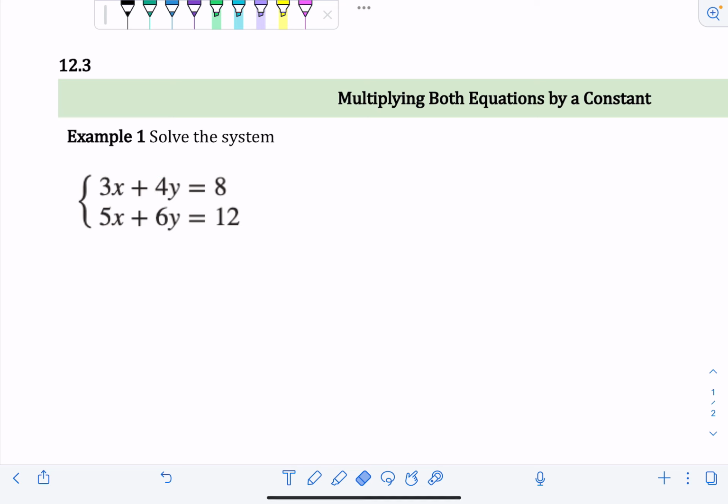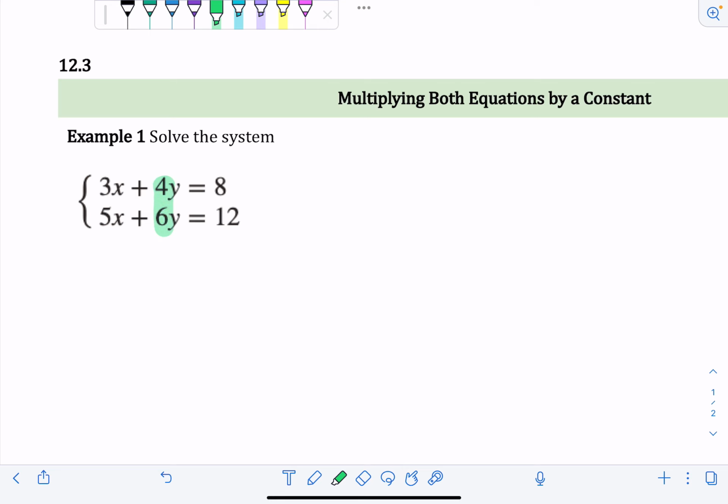So it takes us back to the least common multiple. So the least common multiple is the smallest number that a pair of numbers will multiply to, for lack of better terms. So first we just need to pick, okay, which numbers do we want to match up? It doesn't matter which one you pick, you just have to pick. So I'm going to say I want the y's to match up.